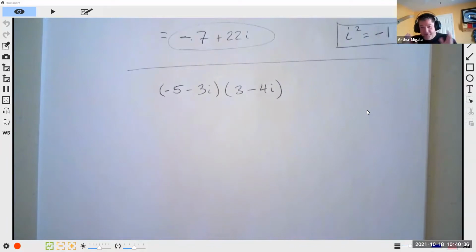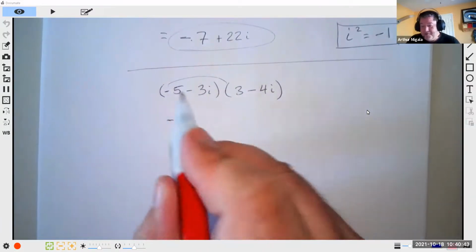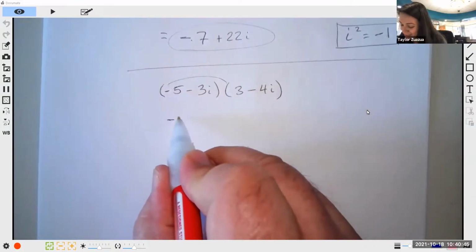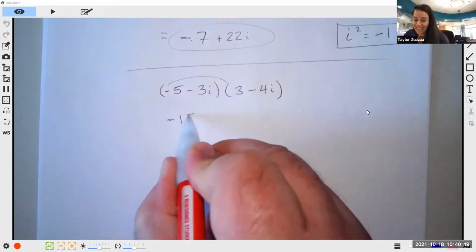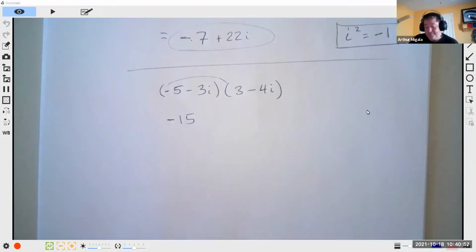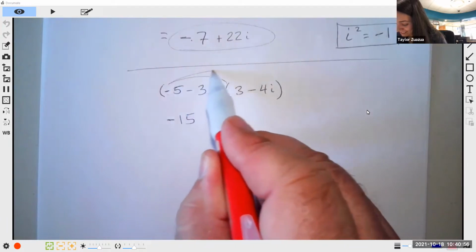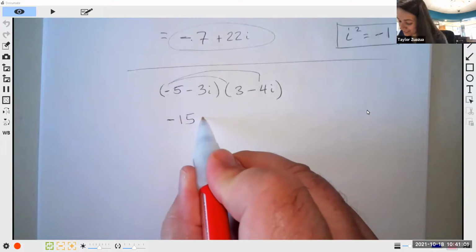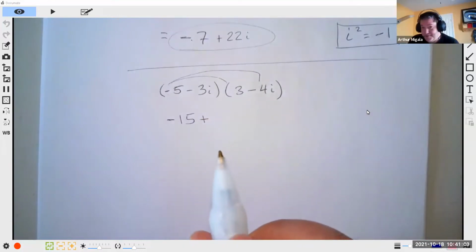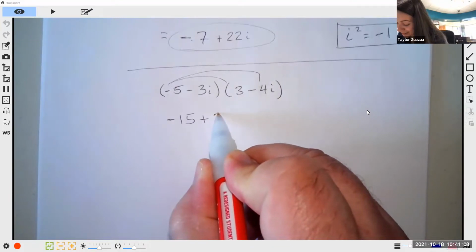So do the signs first. Before I hear a number, I want to hear positive or negative. Negative times positive is a negative. So 5 times 3 is 15, and that is the first one. Then the second one will be a negative and another negative, which is a positive, 5 times 4 is plus 20i.